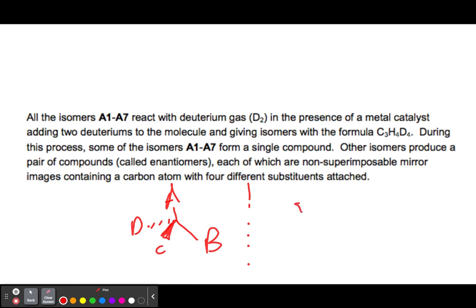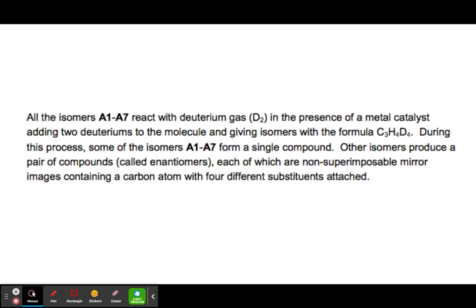You would have this. But now this is chemically different to before, because if you try and rearrange it, you get that these two are now switched. It's wedged where it was dashed, and it's dashed where it was wedged. And so those are enantiomers, they're called.